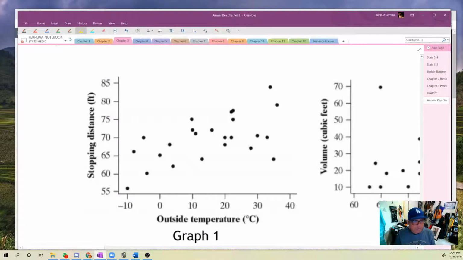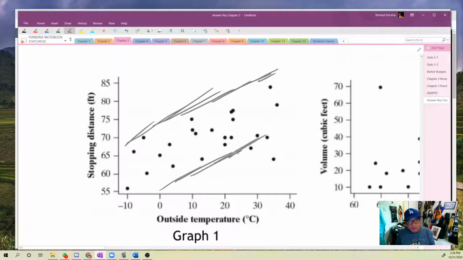So if I draw boundaries for where most of the points are, now there's a couple of these that are not fitting very well, but notice how they are all in a narrowish band.